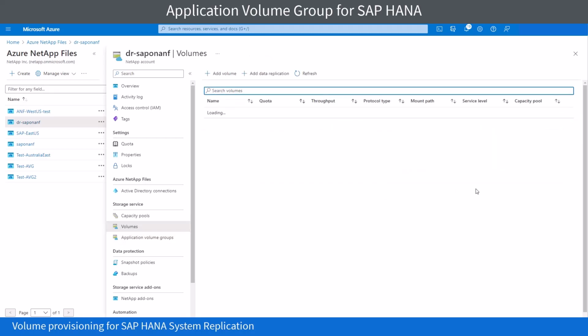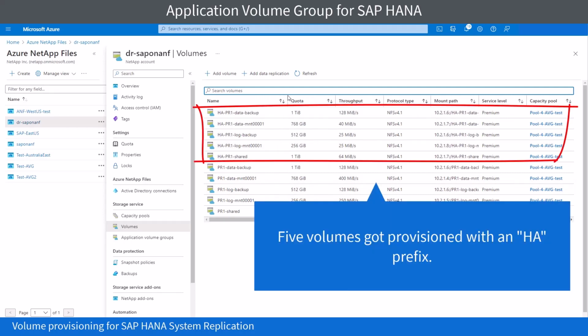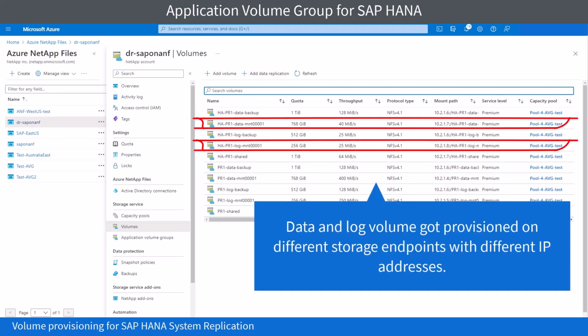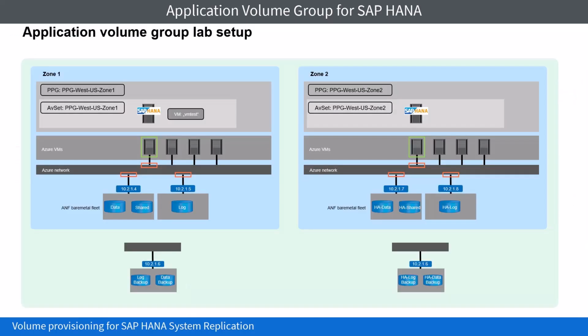The volume view shows 5 volumes with the HA prefix in the name. Of course, same rules apply for the separation of data and log volume on different storage endpoints with different IP addresses. The final configuration of the volumes for the HANA System Replication setup looks like this.